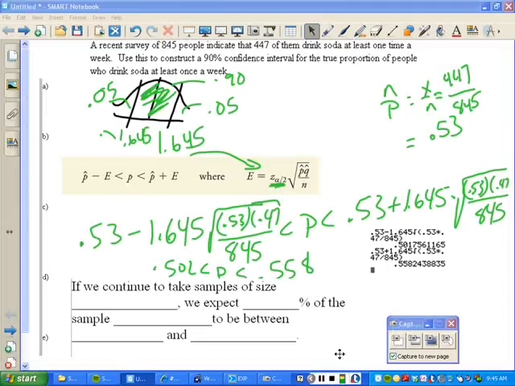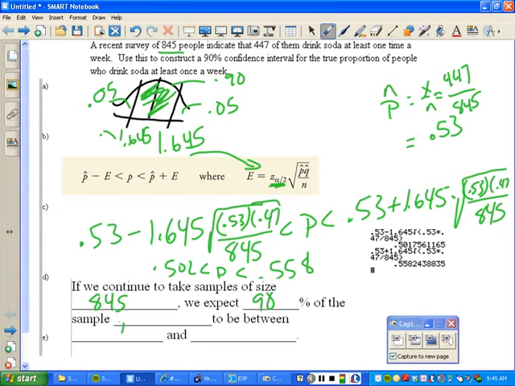All right. So, if we continue to take samples of size what? 845. That's your sample size. So if we continue to take samples of size 845, we expect what percentage? 90% of the sample. What are we dealing with here?